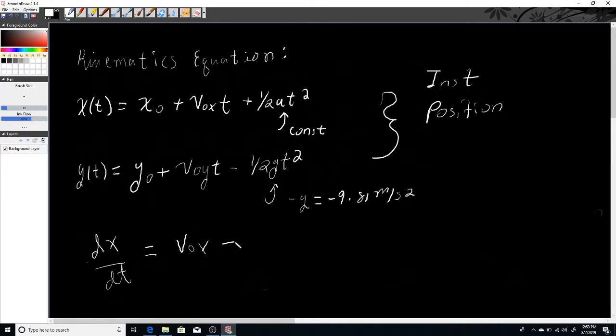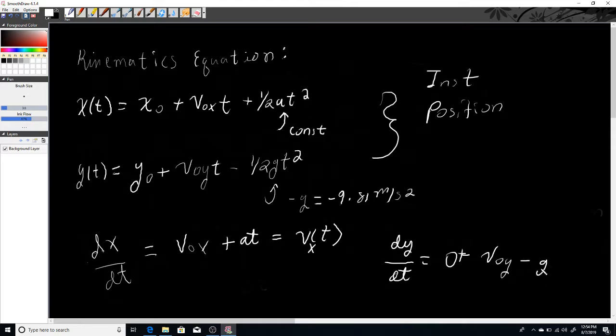So then we have v initial plus at, acceleration times time. And this is v of t in the x direction. In the y direction, you would have dy of t, dy dt, and that equals, once again, this goes away, so that's 0, plus v initial in the y direction, because once again the t goes away, minus gt.